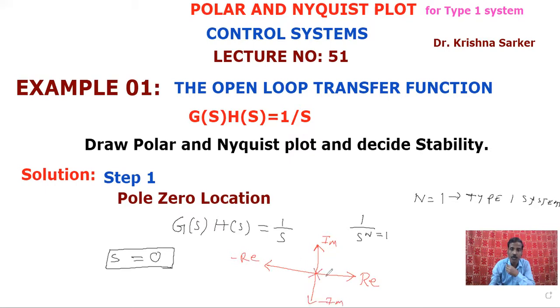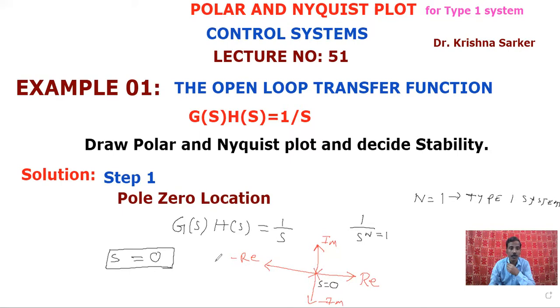Only one pole at s equals 0, and that means this is the origin.